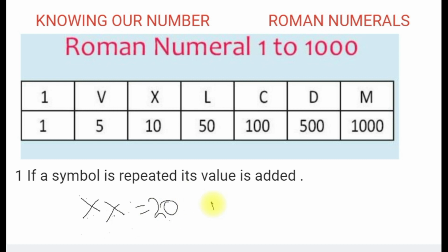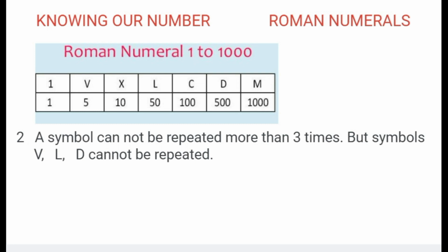If we write I and I, it means 1 plus 1, it is 2. If we write I, I, I in Roman numerals, it means 1 plus 1, 2 plus 1, 3. Right?